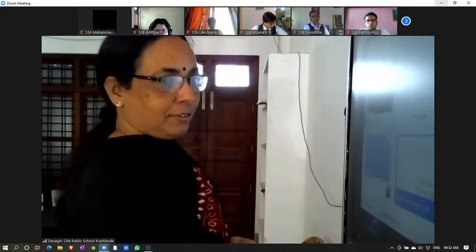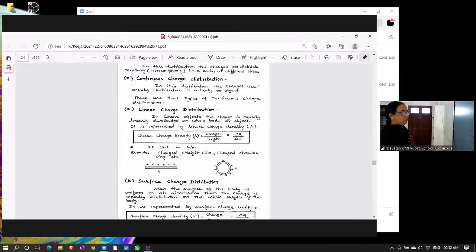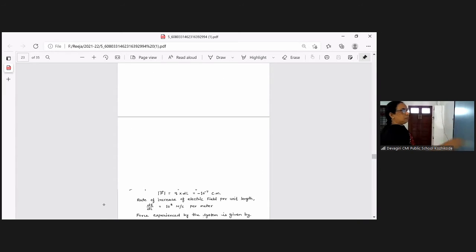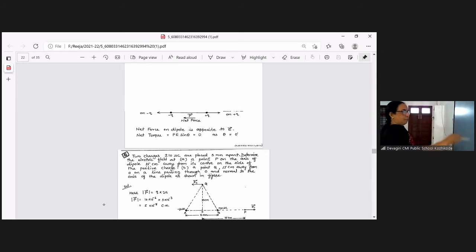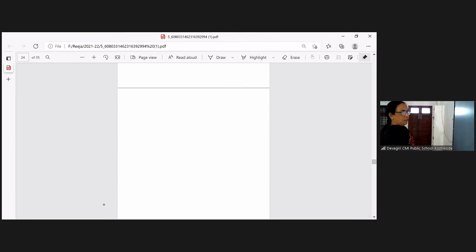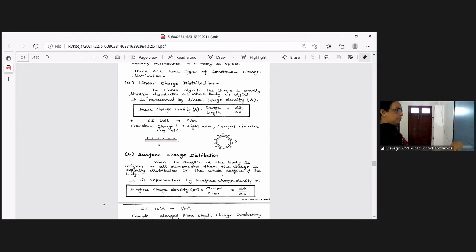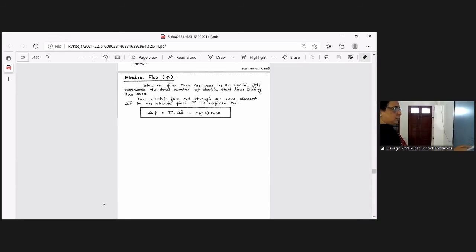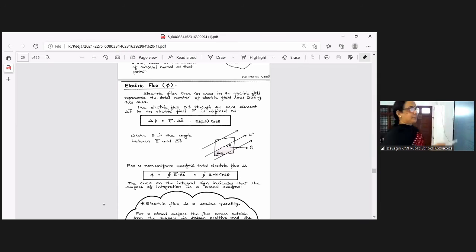If I left out something, that will be a reminder also for me. We have seen all these things: dipole moment, net force.